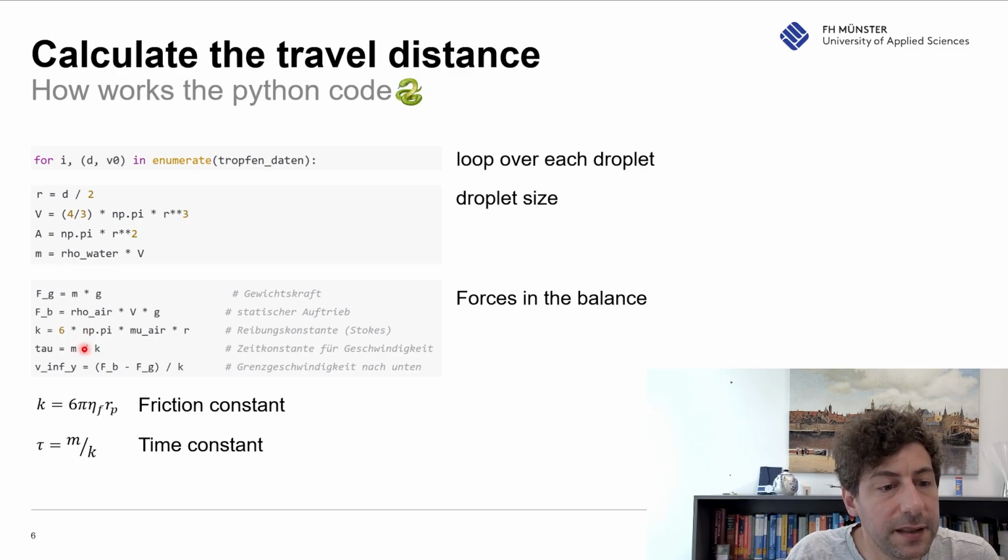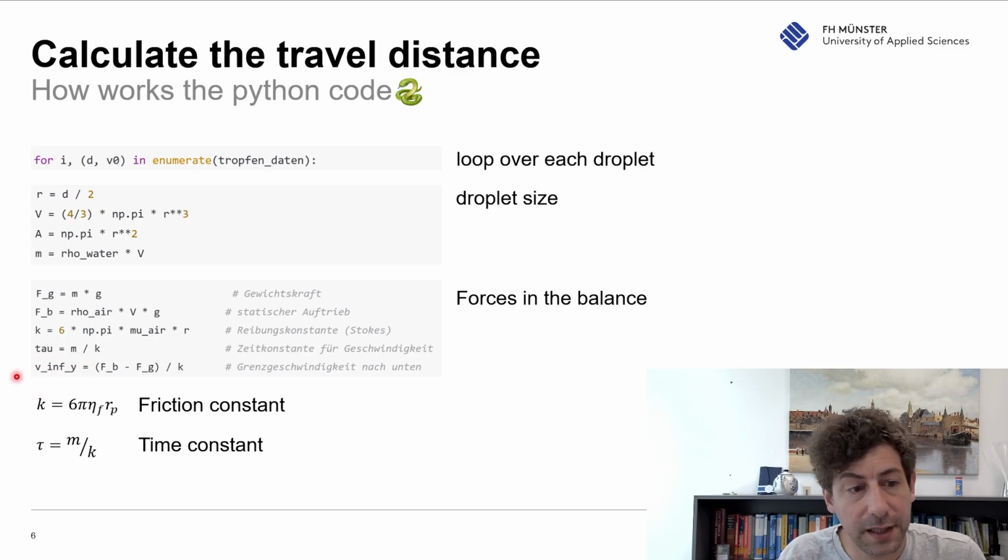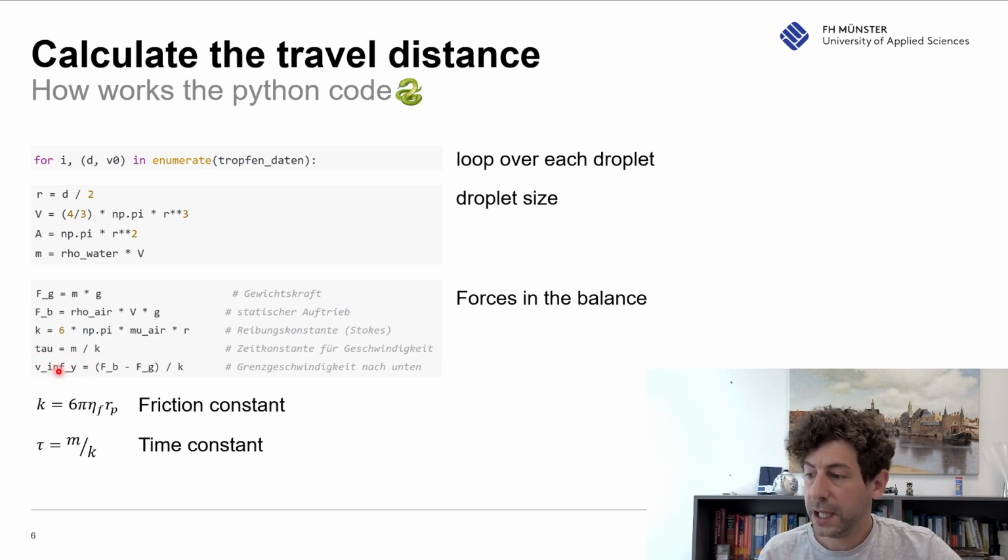And we will need these constants because here we have a so-called final velocity in y direction. The final velocity in y direction is what we calculated in the previous videos as the final or terminal settling velocity. So the falling of the droplet can be separated in x and y direction, and in y direction the droplet is accelerated by gravity.